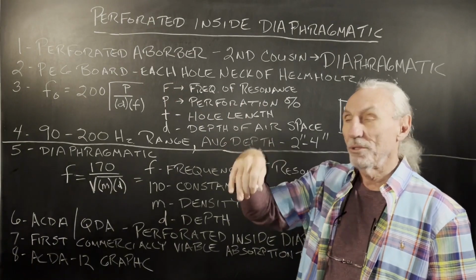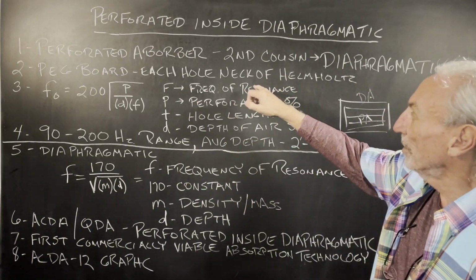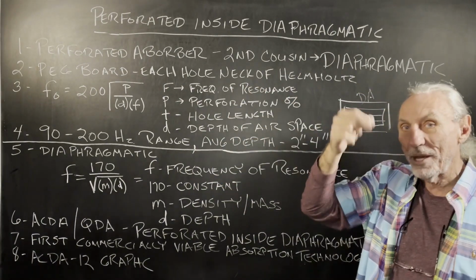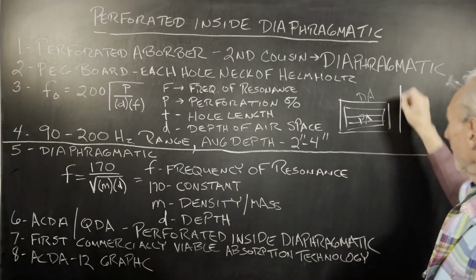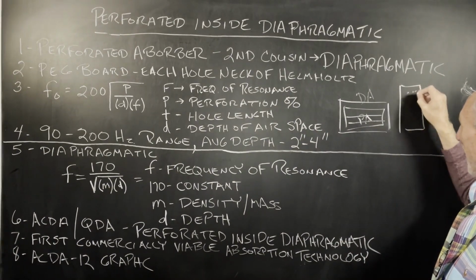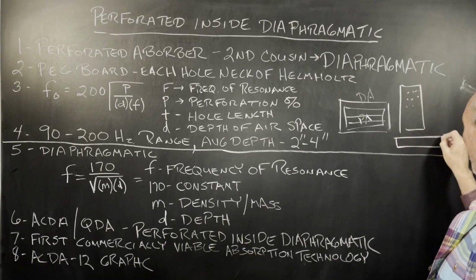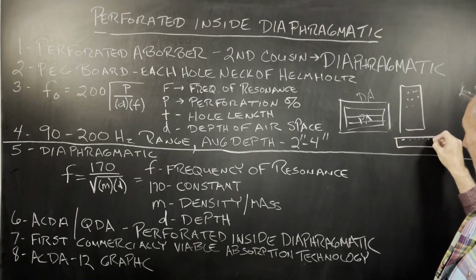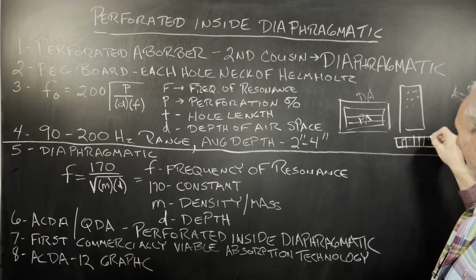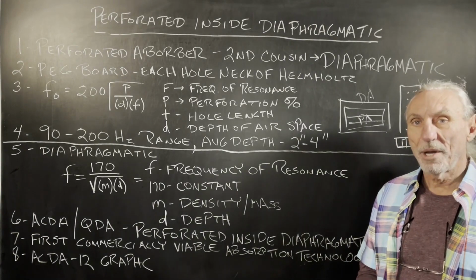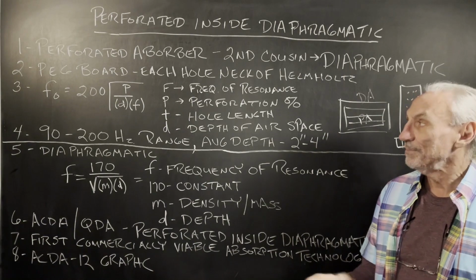It's a series of holes, okay? Each hole, the neck is kind of a Helmholtz resonator. So if you look at the pegboard, it's got all those holes, right? Well, each one of those is, if you look at the side of the cabinet, the neck of an individual resonator. So that's where Helmholtz gets his concepts from.